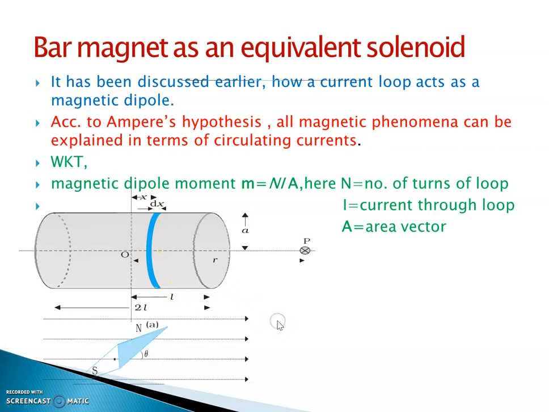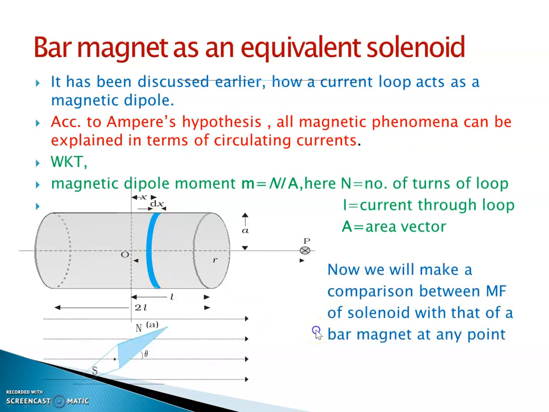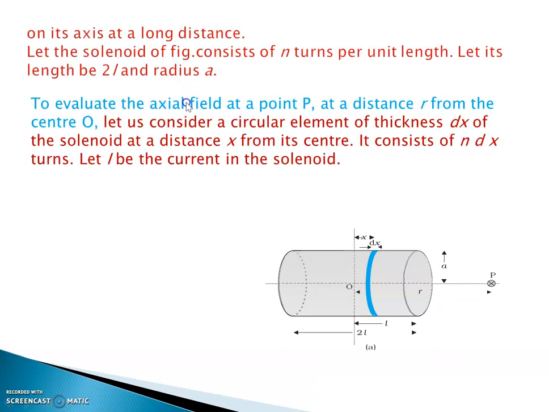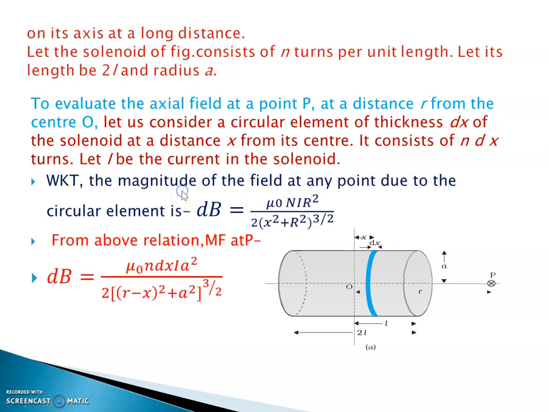To get the magnetic field at point P, we will use a formula that has been established in a previous chapter.